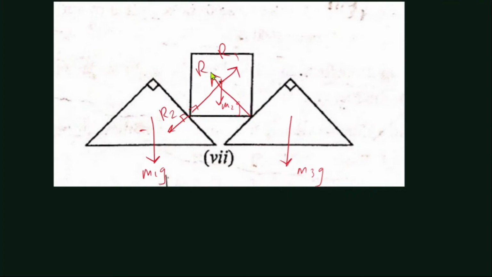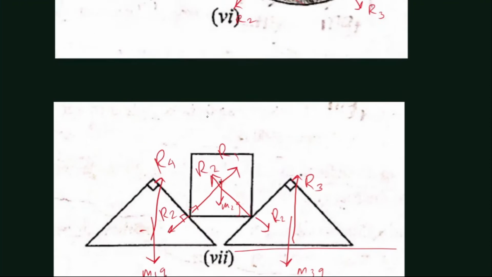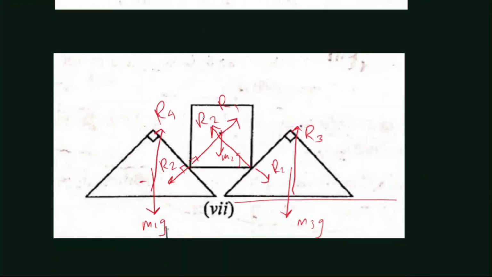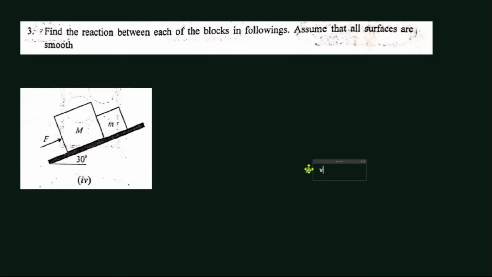Contact surface R2, R2, right? So if it is placed on the ground, obviously from here also there's going to be a reaction force R3, R4, right? So simply this is in order to be familiar with action reactions, or else Newton's third law, right? So I guess that's pretty much simple. So let's go for some complicated questions. All right.